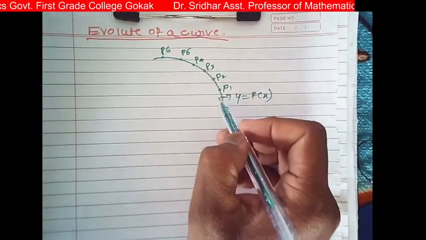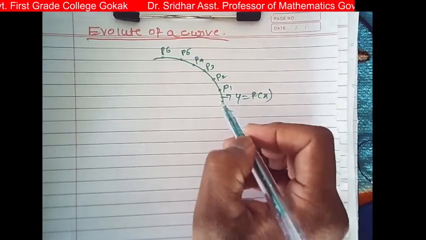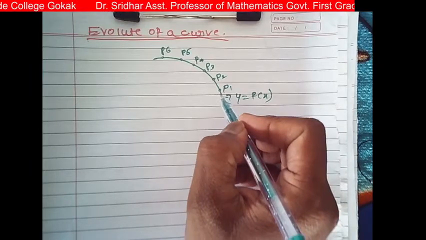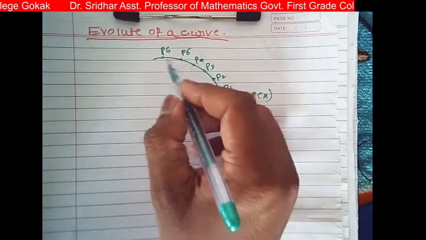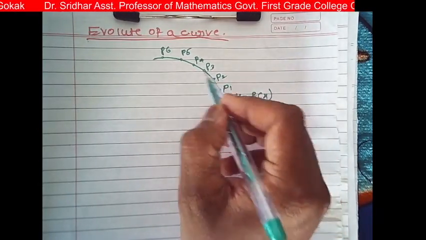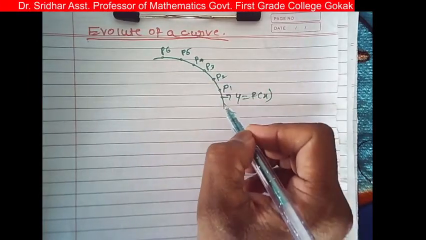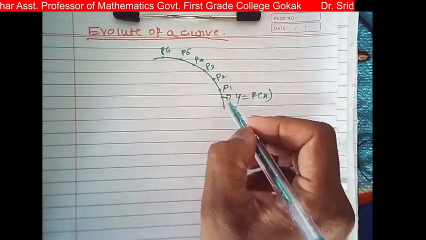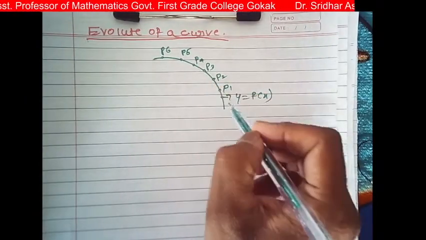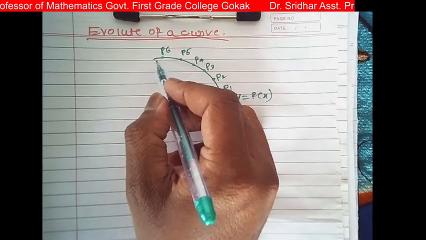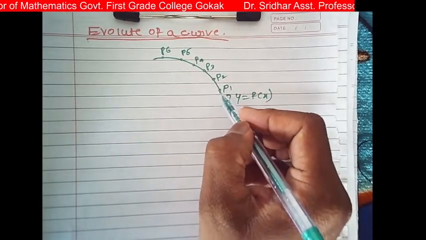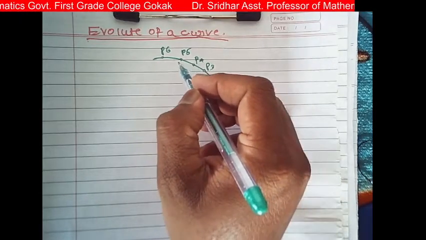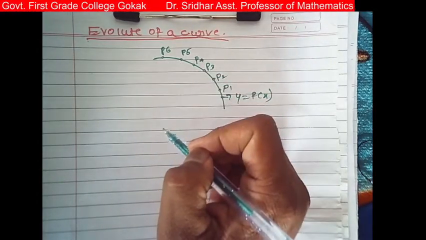So when a point is moving on this curve, it will take different positions. So let different positions of this moving point be P1, P2, P3, P4, P5 and P6.